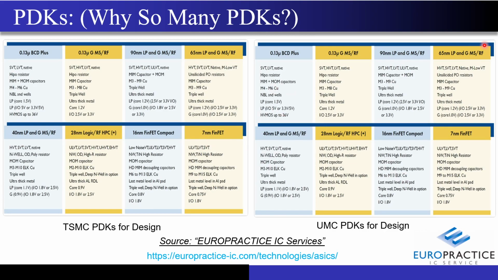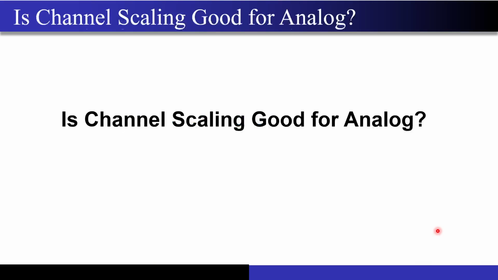Correct? So now one question arises: if the 7 nanometer node is there, why do I need to care so much about the 65 nanometer and 130 nanometer technology nodes? Who is giving the business to this foundry, and who is that old grandpa who is still designing circuits at 65 nanometer and 130 nanometer?